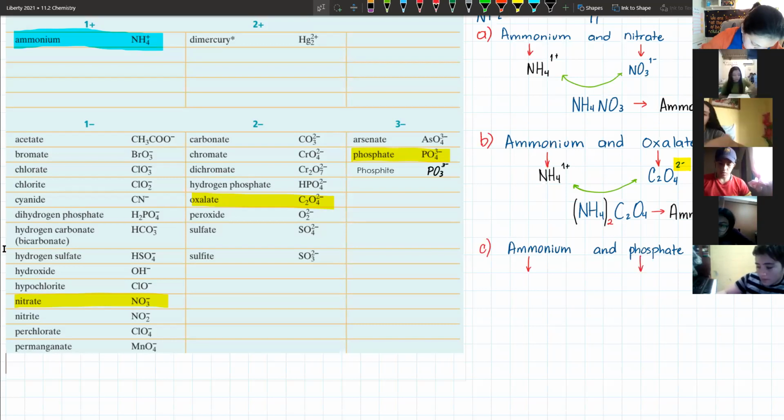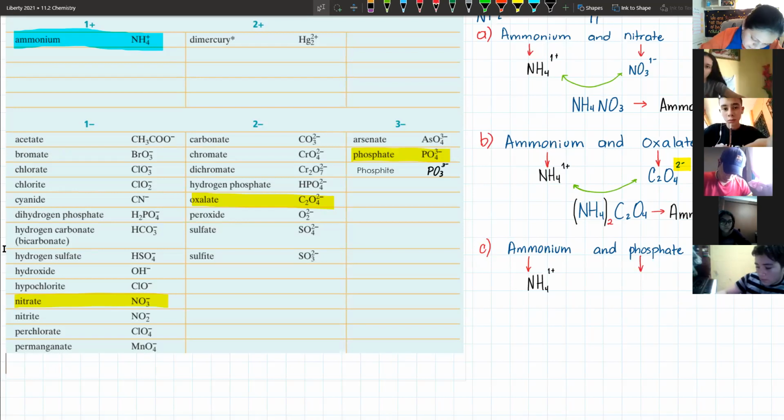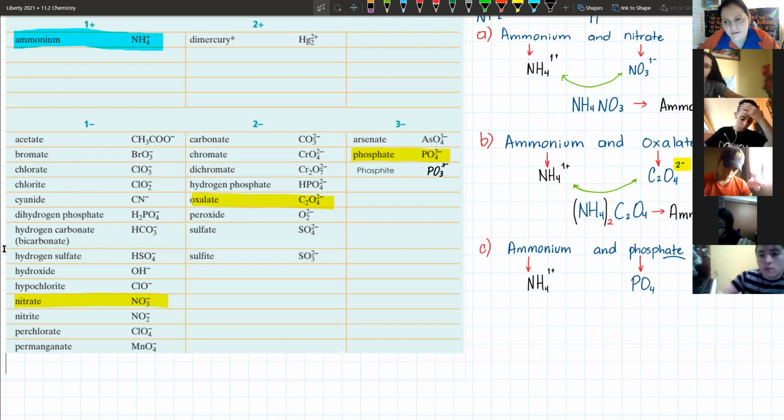NH4, oxidation state 1+. Phosphate is PO4. Okay, it ends in ATE, so it is 4. And the oxidation state is going to be -3, like that.